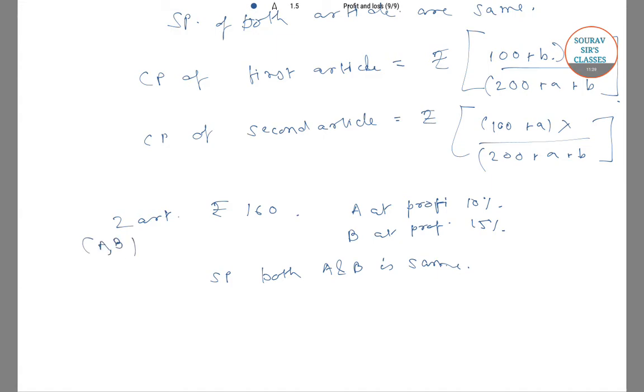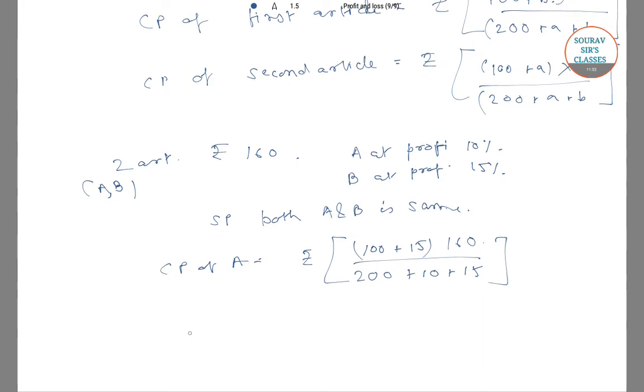Then the cost price of A is equal to rupees (100 plus 15) into 160 divided by (200 plus 10 plus 15), and the cost price of B is equal to (100 plus 10) into 160 divided by (200 plus 10 plus 15).